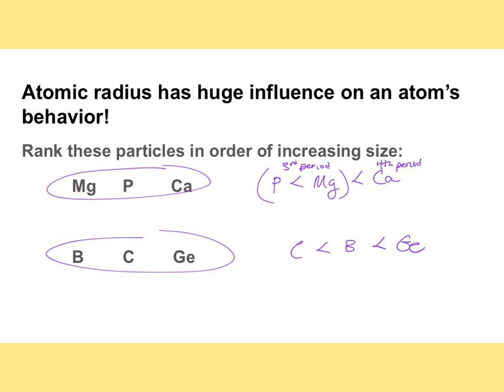And calcium is in the 4th period, which is 1 principal energy level larger than magnesium. Something similar is going on with this second set. Carbon and boron are in the 2nd period, but carbon is further to the right with stronger effective nuclear charge, and germanium is all the way up in the 4th period, clearly larger than those other 2.